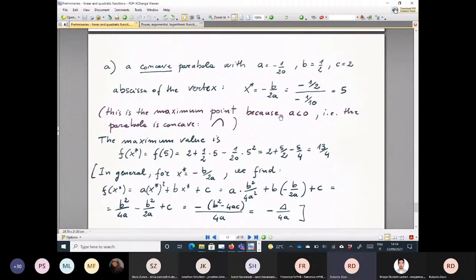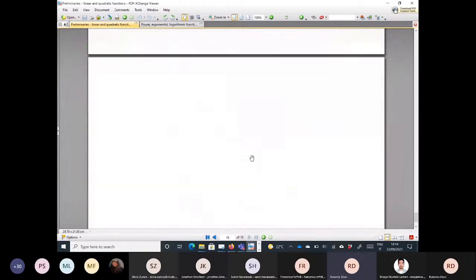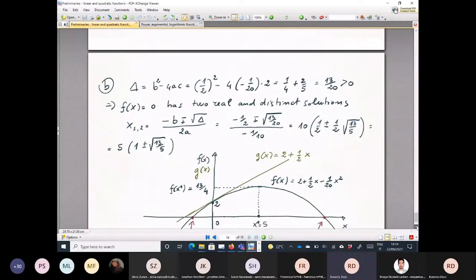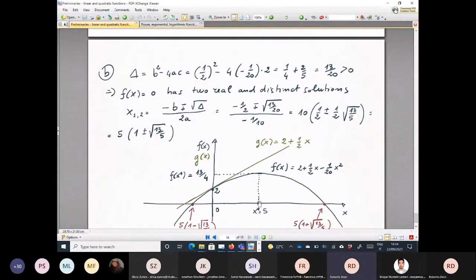What is the maximum value? Now we distinguish, this is a general concept, between the maximum point and the maximum value. The maximum point is the abscissa. Look at the picture here. The maximum point is the abscissa, the value of x where the function reaches its maximum. The maximum value is the corresponding value on the vertical axis. Okay? It's the value taken by the function at x star.